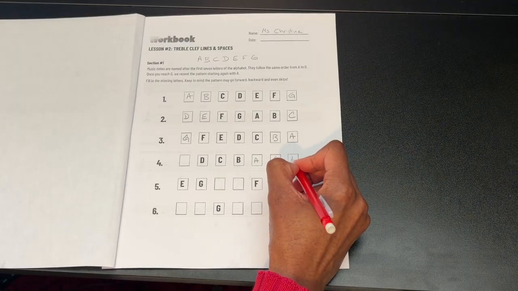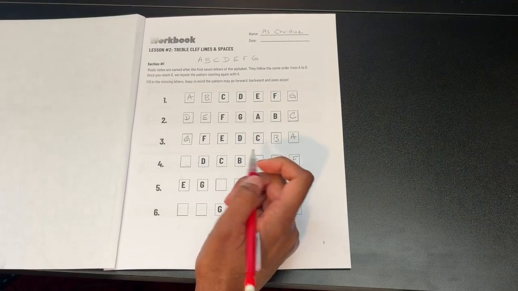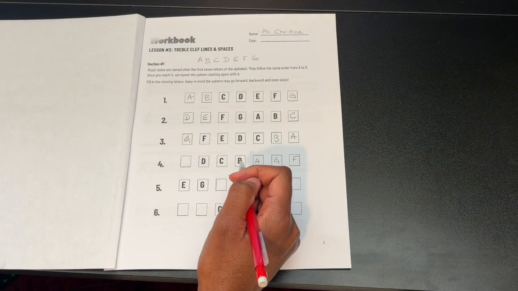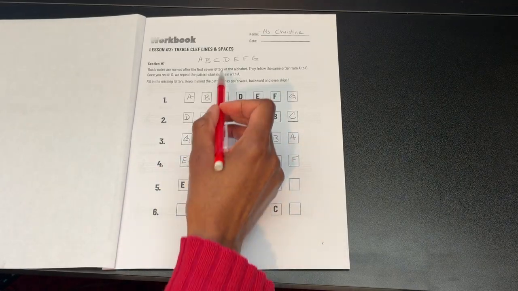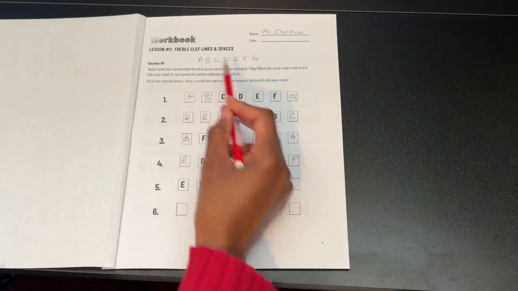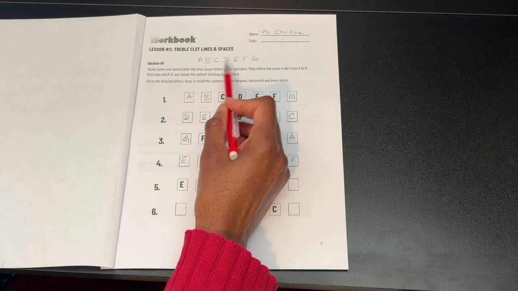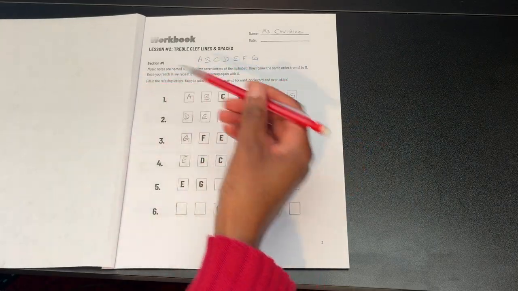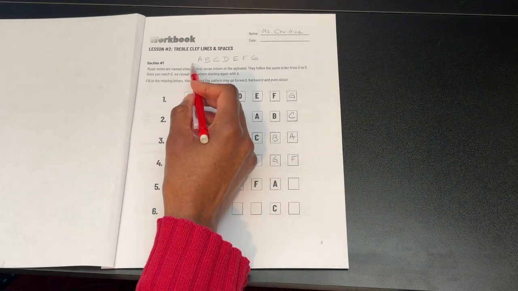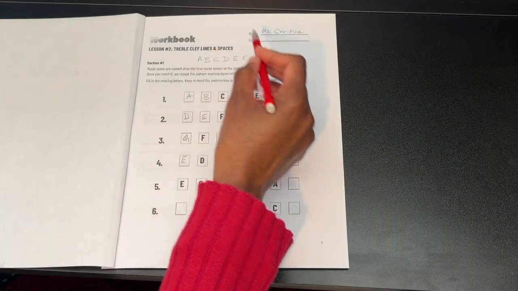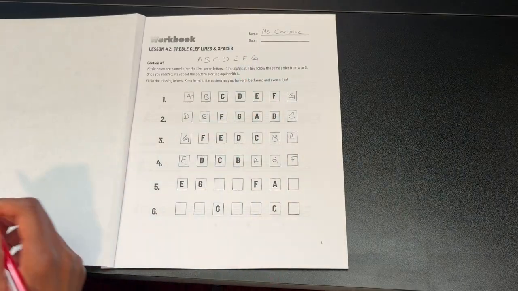You should know F. Good. And then what about our letter for this box? What do you have? It should be E. Okay? So looking at our alphabet, this will always guide you. You have E, D, we're going to the left, going backwards. C, B, A, then we go back to G, and then going backwards back to F.